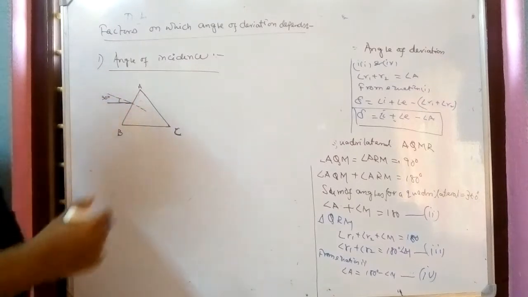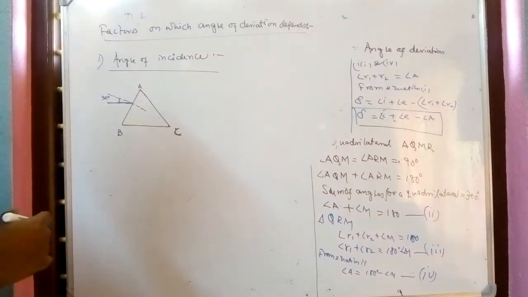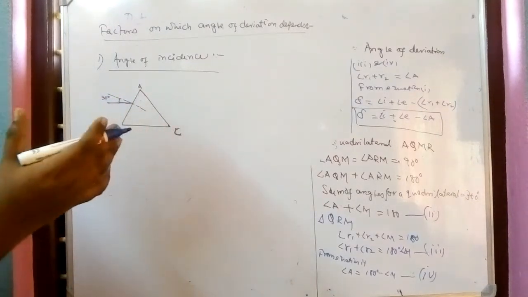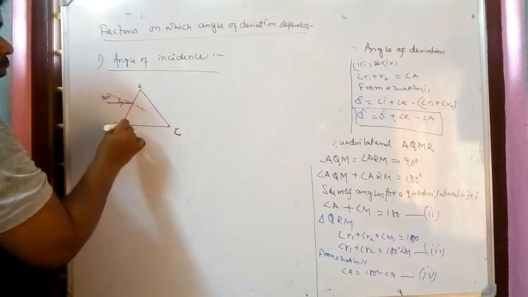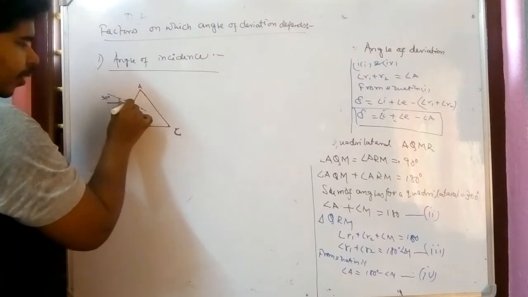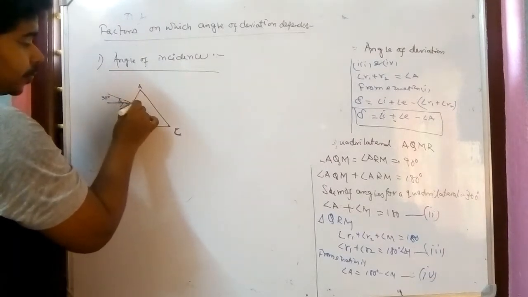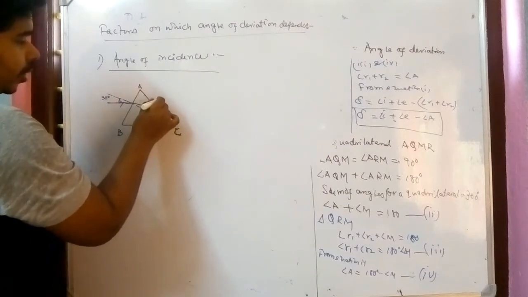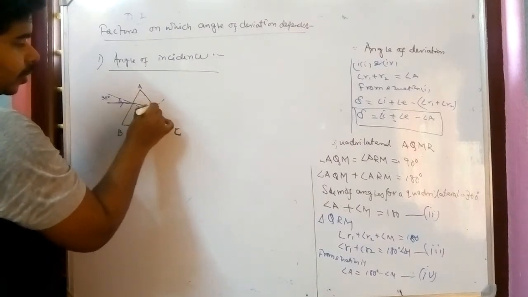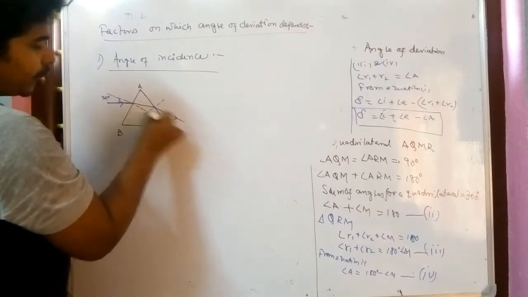If you measure with your protractor, it should be around 30 degrees, or less than 30, not more. If it is incident this way, it will deviate towards the normal by this path, and from here it will deviate in this direction.